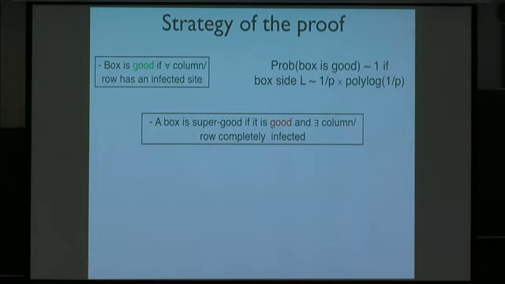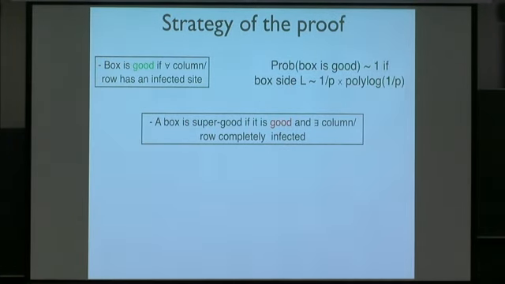I have 5 minutes. Maybe I'll try to just describe a possible strategy. I'll describe something for the two neighbor model, the classical bootstrap model in 2 dimensions. I declare that a box is good if any column has at least one infected vertex.